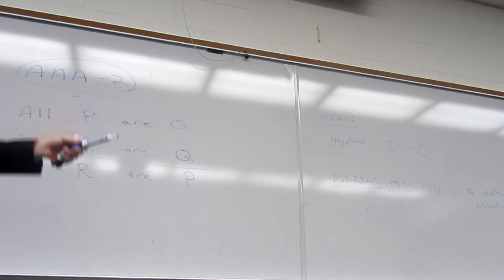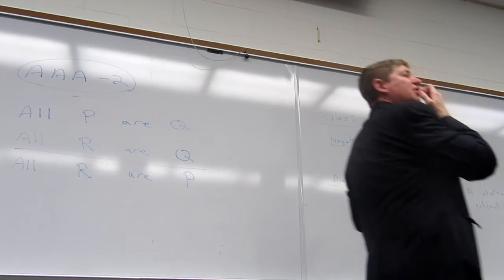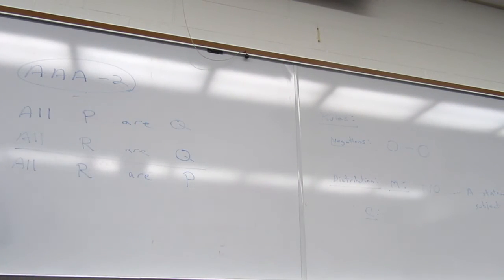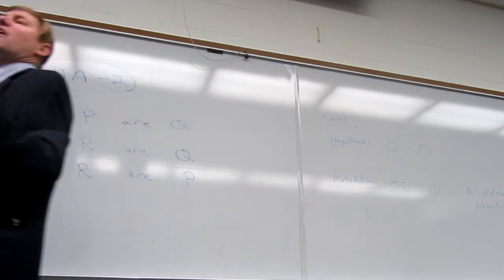We can stop and we can say invalid, and here's the technical term for it. The fallacy of an illicit middle term. Illicit is just a fancy word for something that's not legal, something that doesn't follow the rules.